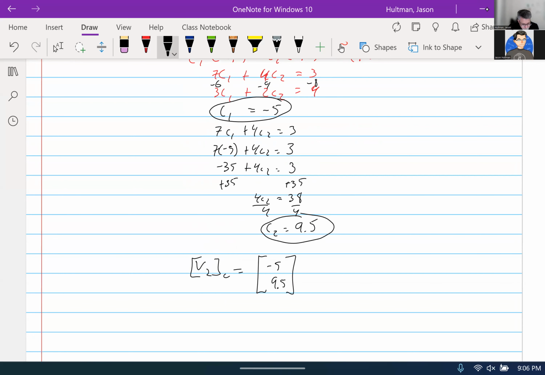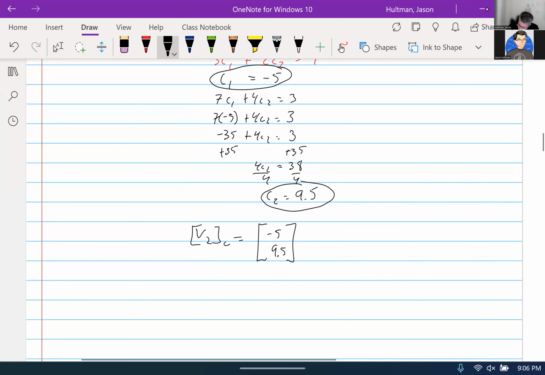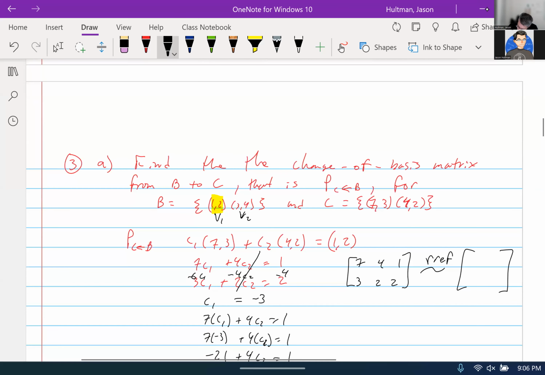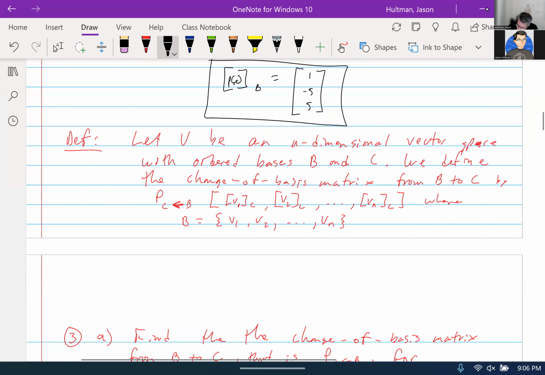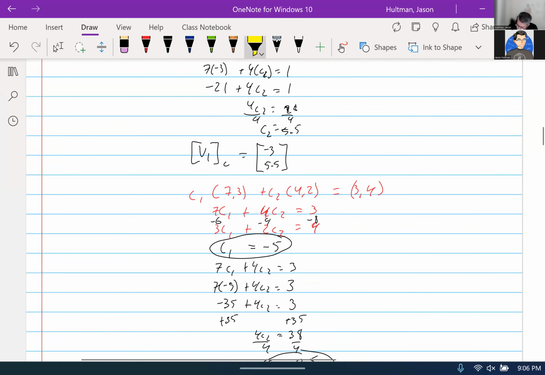If we go back to the definition, we see that we have these column vectors, and they just go side by side to create a change of basis matrix.